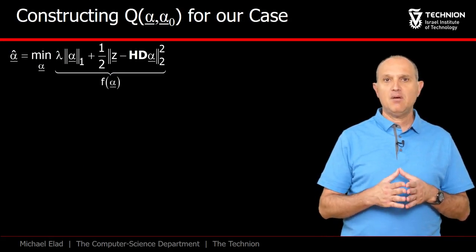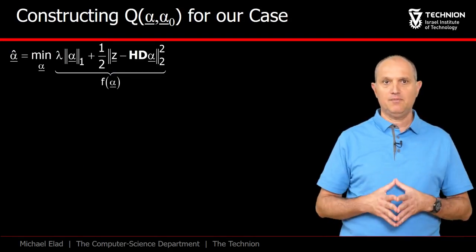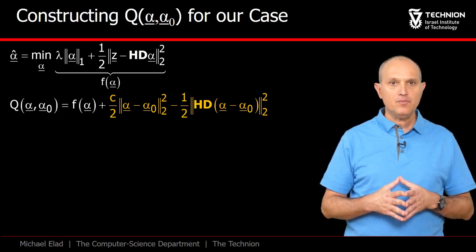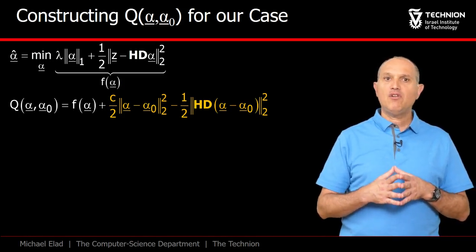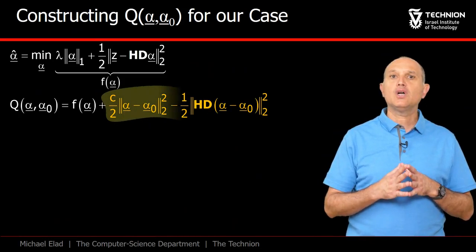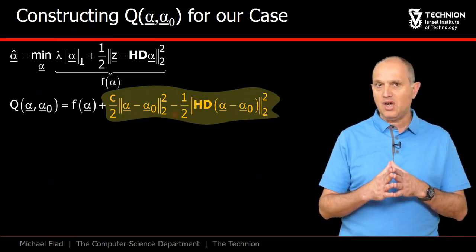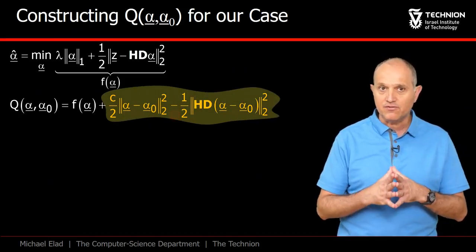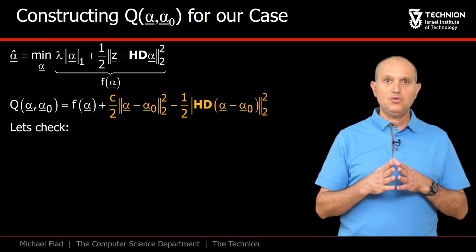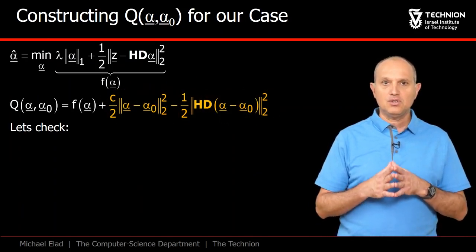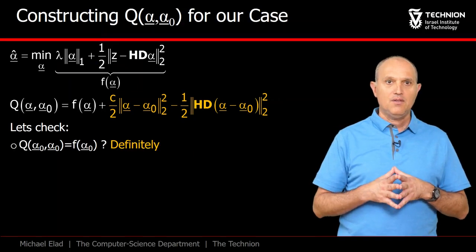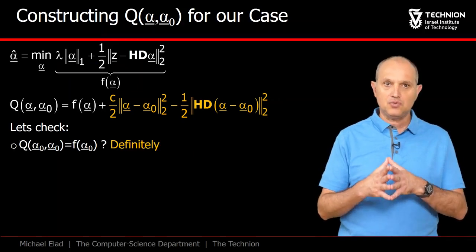Now let's bring the above idea to our problem as posed here. We define the function q in the following way, as the original function f plus these two quadratic terms. Observe that the sign in front of the last term is negative. The first thing to do is to verify that the three conditions q must obey are met. The first condition is trivial to check, and it is true.